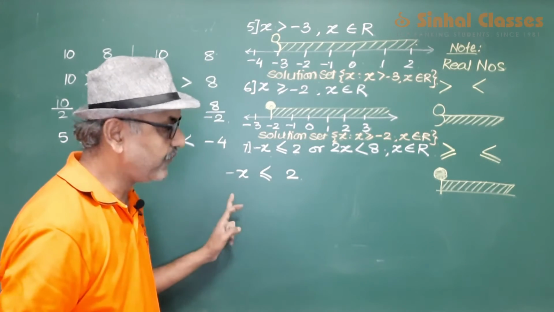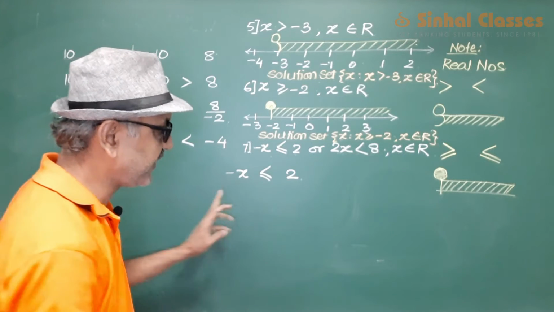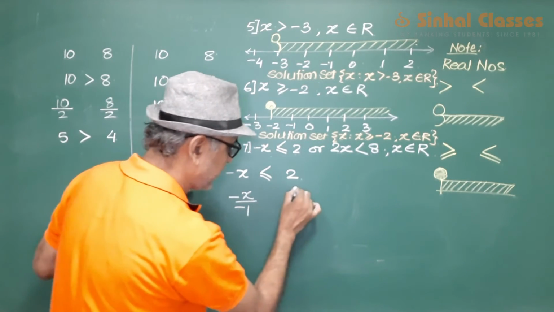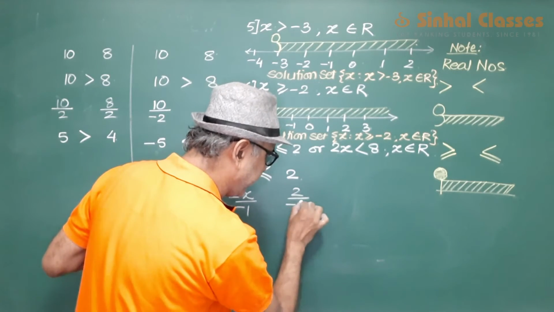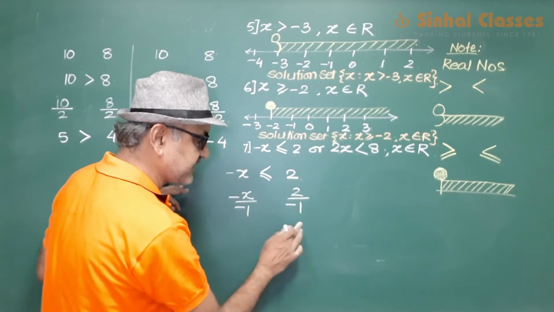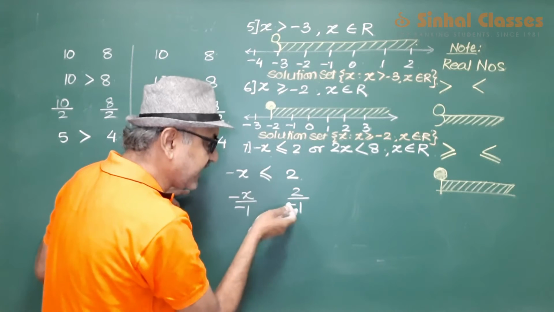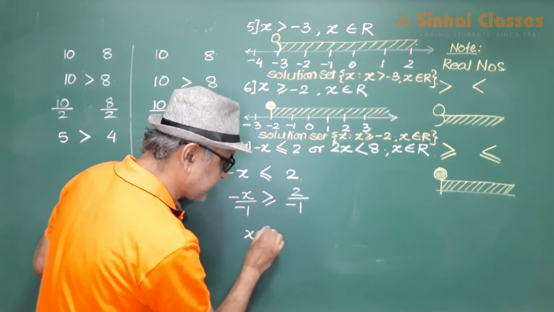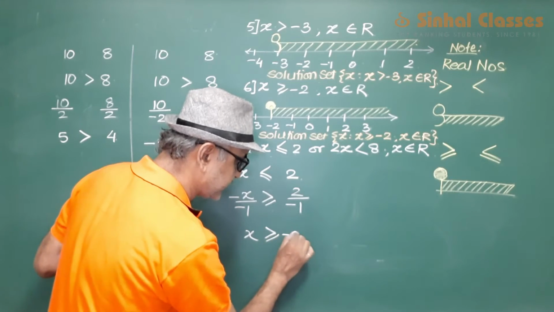Let us divide both sides by -1. The moment I divide both sides by -1, the order relation would change, and this becomes x greater than or equal to -2.